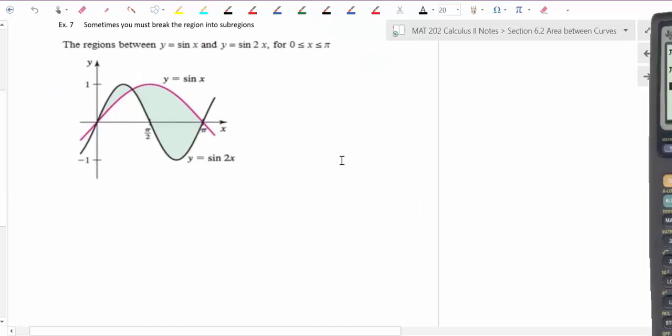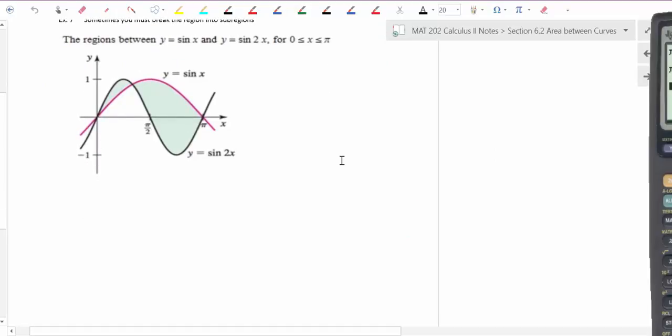This one's got a lot of work in it, so we're going to be looking at the area between these two curves. First of all, this upper curve that is shaded in black is the sine of 2x. And the one that is shaded in red that I'm tracing over is that right there.